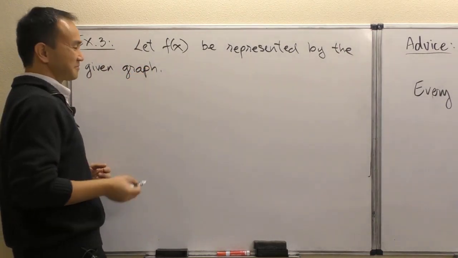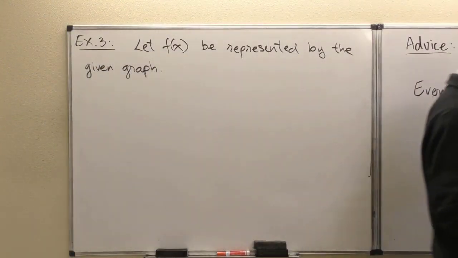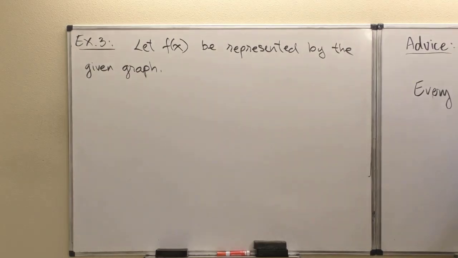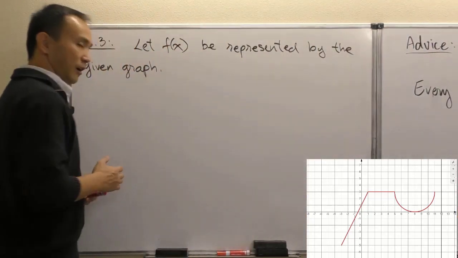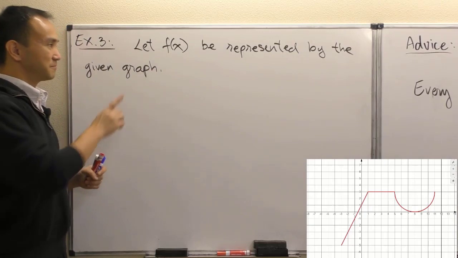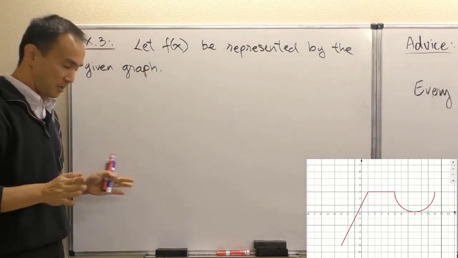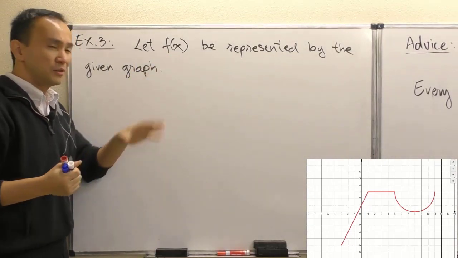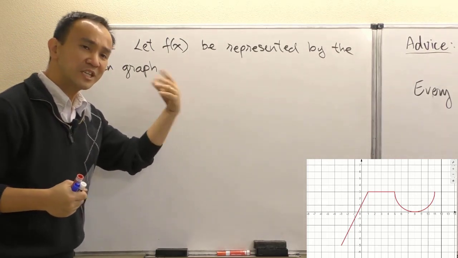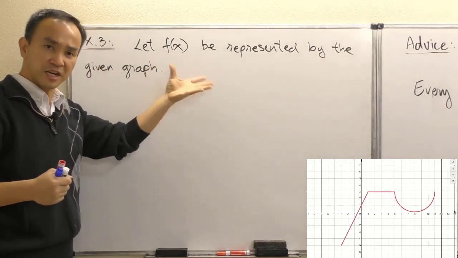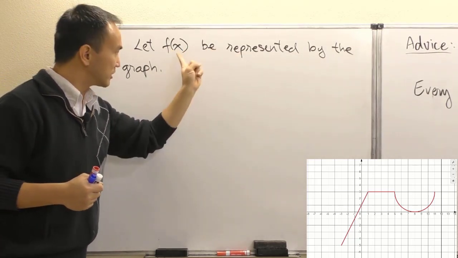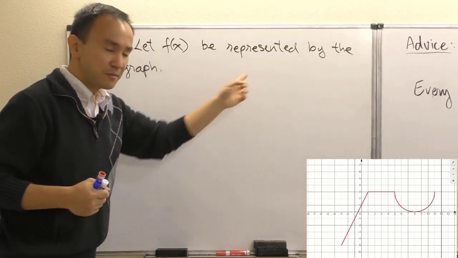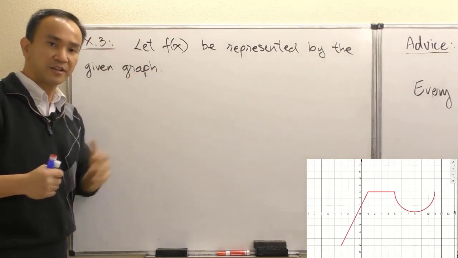Now let me first bring it up. All right, so that's the graph for this function f of x. This is the kind of problem where we don't see the rule of the function f of x written down, but we only see this rule already represented by the given graph.